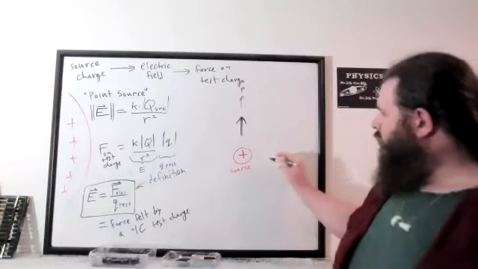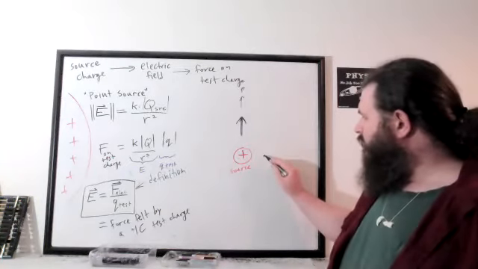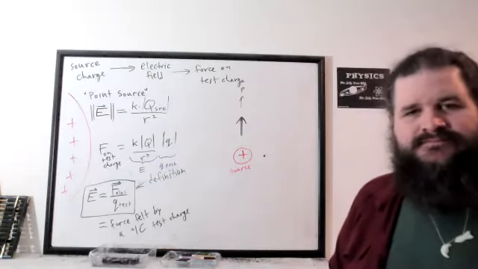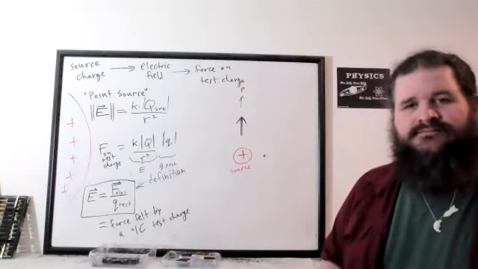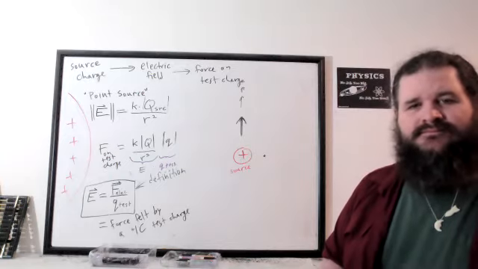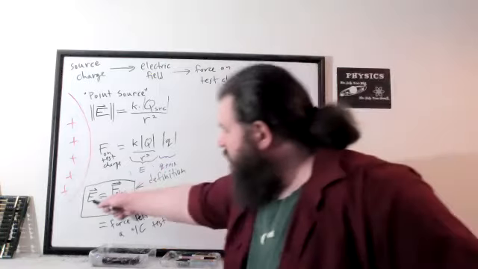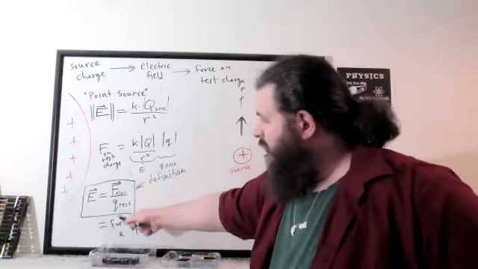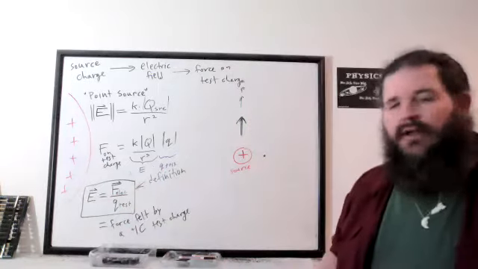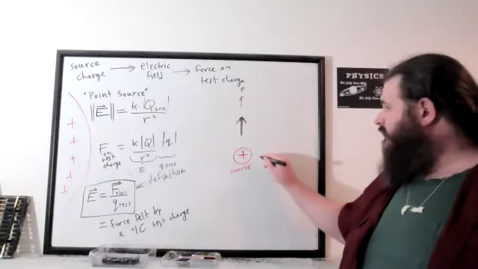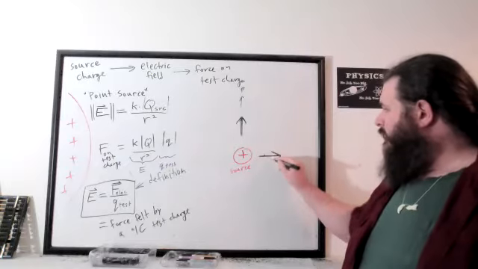Or what if we put the test charge here instead? Which direction would the force be? Yeah, to the east or to the right. And the electric field is the force that would be felt by a +1 coulomb charge. So if a positive test charge would experience a force to the east, then the electric field is also to the east.